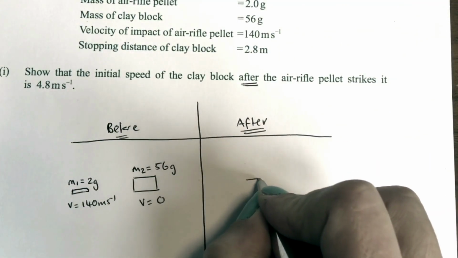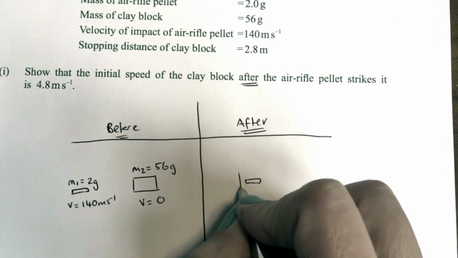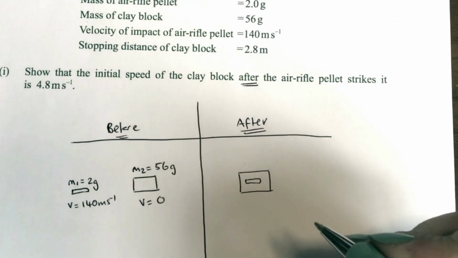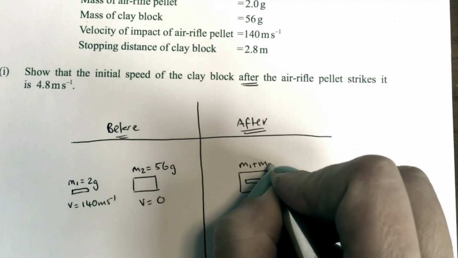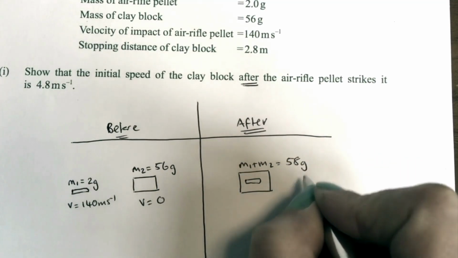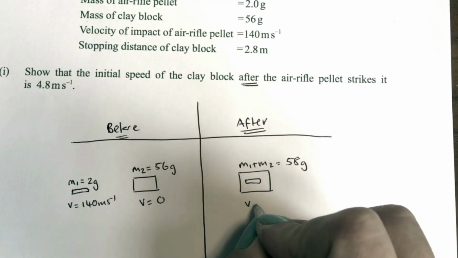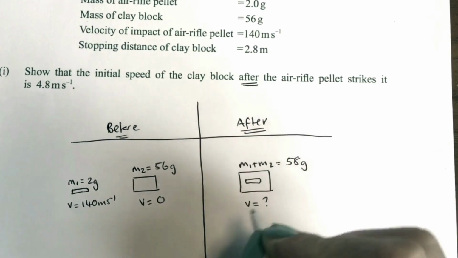After the collision, the bullet goes inside the clay, so we're now acting as one mass. So that's mass 1 plus mass 2 equals 58 grams, and we'd like to know how fast it's travelling.